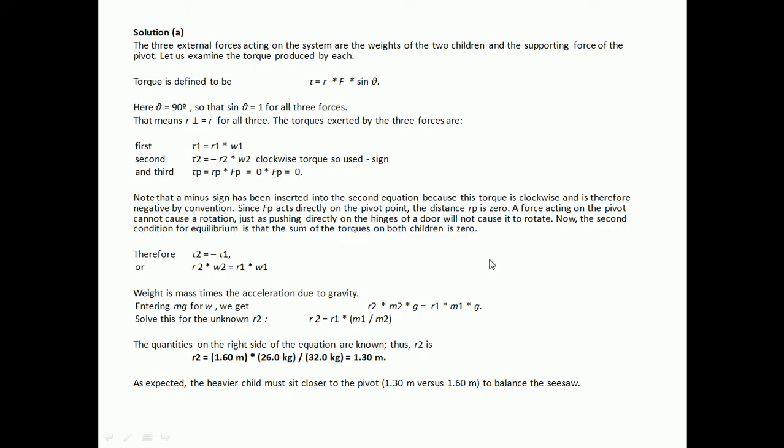This is the equation for R2 and this is the value calculated. As expected, the heavier child must sit closer to the pivot, 1.3 meter versus 1.6 by the first child, to balance the seesaw. This is a very good example for the calculation of the torque.